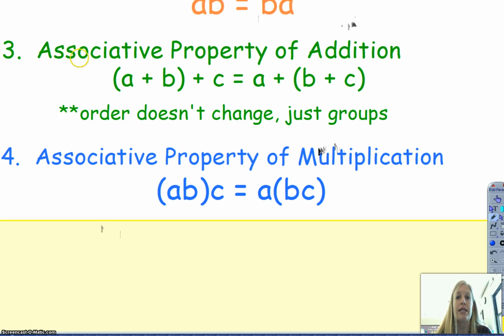So what you want to look for to tell if it's associative versus commutative is that you see A, then you see B, then you see C. And you should see the same order on the other side of the equal sign, A, B, and C. However, the only thing that's changed is the group. So first we're adding A and B, and then on the other side we're adding B and C. So same thing with multiplication, it's A, B, C, and then it's A, B, C, and the only thing that changed was the grouping symbols, our parentheses.